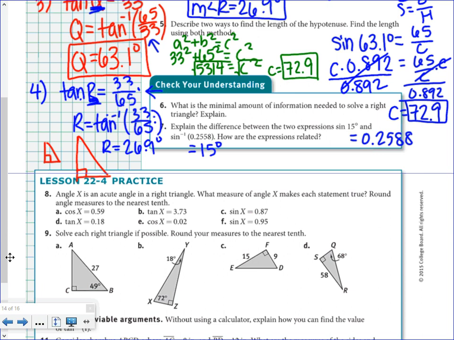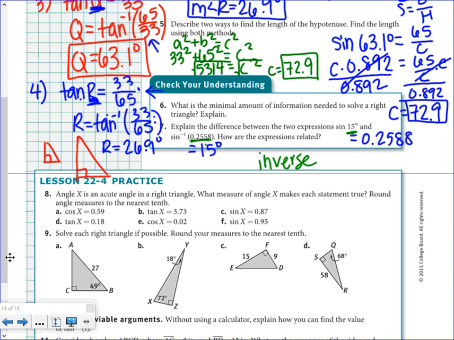So one of them gives you a decimal, 0.2588. One of them gives you an angle degree, 15 degrees. How are they related? Do you see that those answers showed up there and there? These are called inverses. The inverse of this one gets you back over here, going back and forth between them.